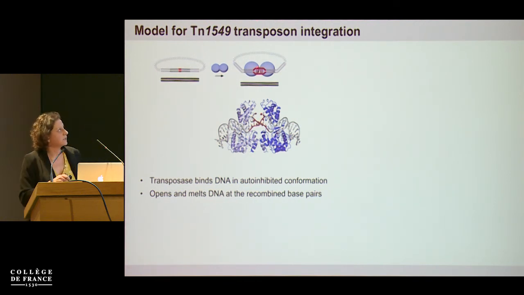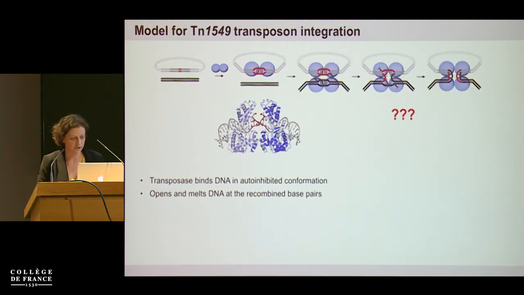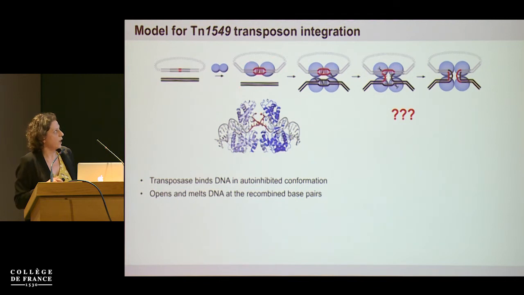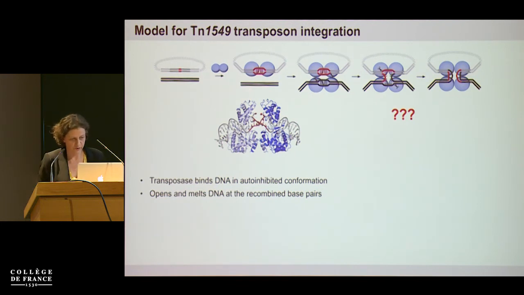This opening will then help the DNA to let go after cleavage. It will help the one DNA strand to let go and move to its target substrate, as you can see here. But obviously, how these things go on from here, how is target DNA captured in this complex or another complex, this remains to be understood.